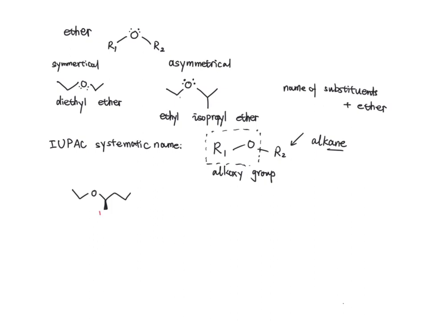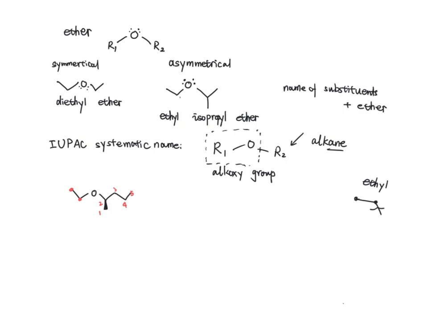So we'll start from 1, 2, 3, 4, 5. The substituent is on carbon 2, and it has two carbons here, 1 and 2.